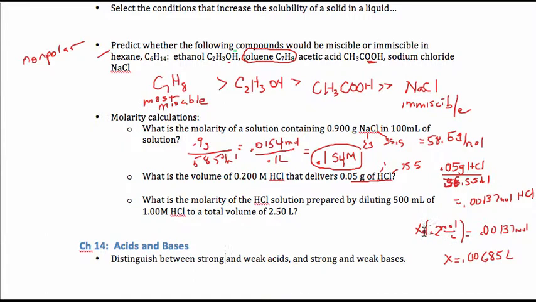Because I'm dividing through by moles per liter, and the liters will flip to the top. And so an easier expression of 0.00685 liters is 6.85 milliliters. And sig figs wise, I really don't have that many. I only have one sig fig, so you'd say it's about 7 milliliters.